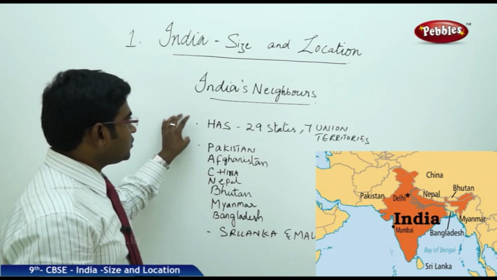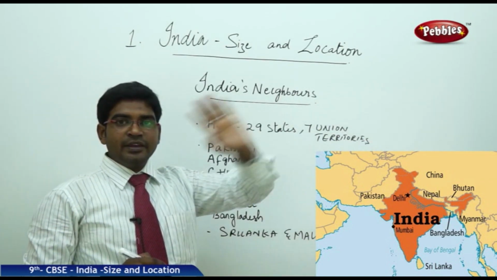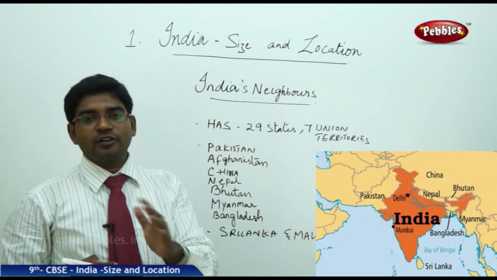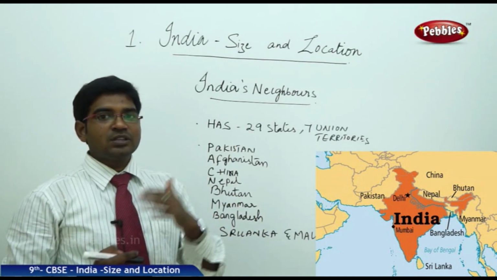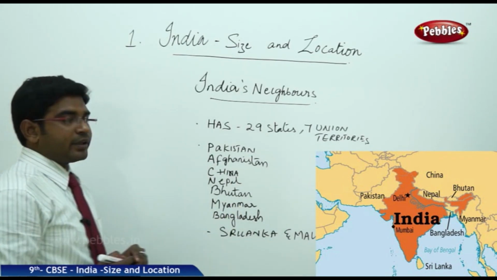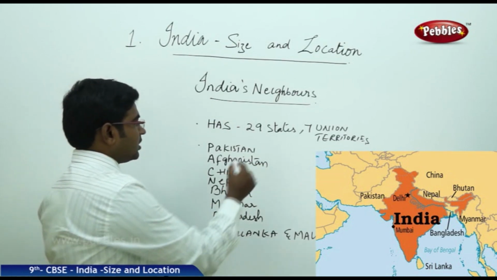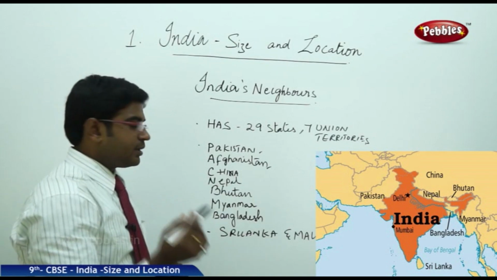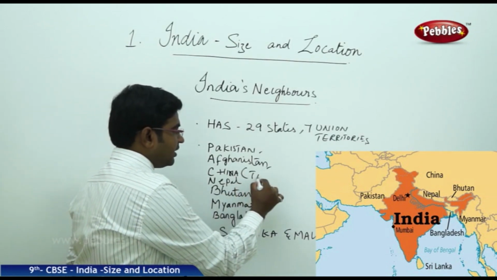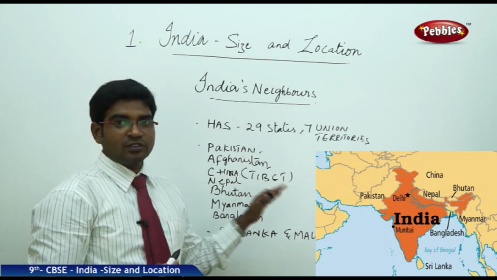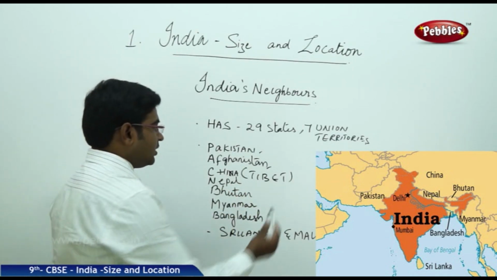Now coming to India's neighbors, India has two types of neighbors: the countries which share land boundaries with India, and those which are connected through the waterways. India shares land boundaries on the north with Pakistan, partly Afghanistan, and China. Here when we talk about China, we are talking about Tibet, because Tibet is occupied by China.